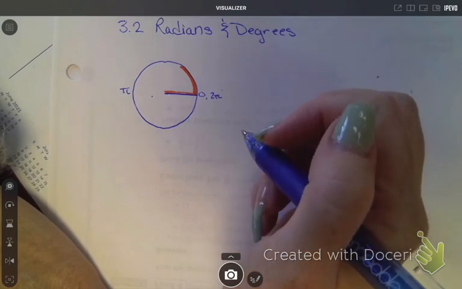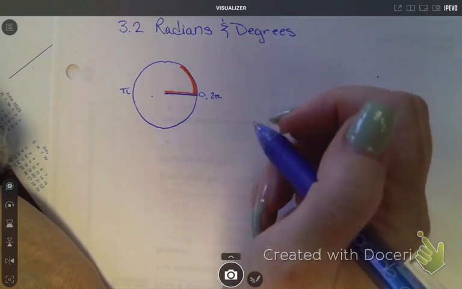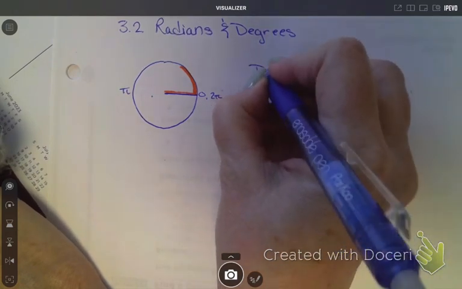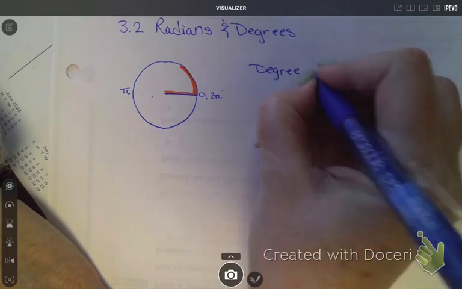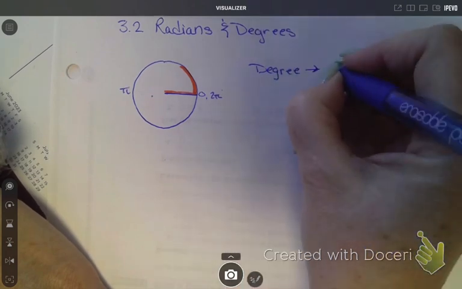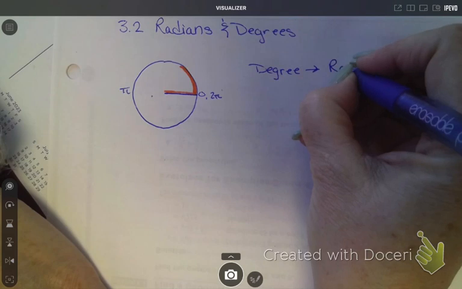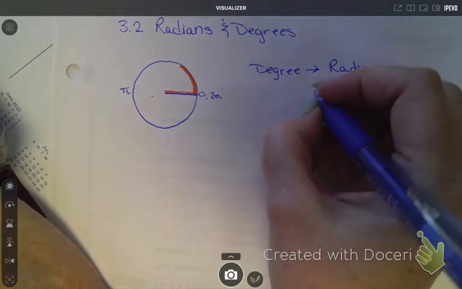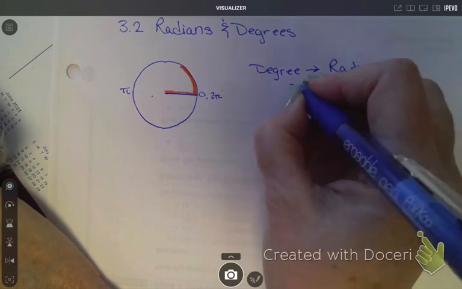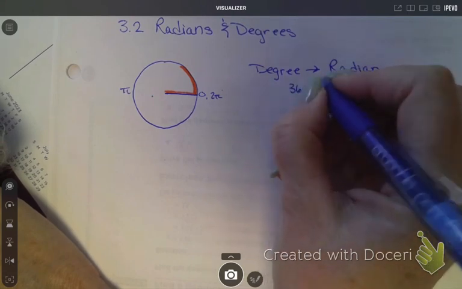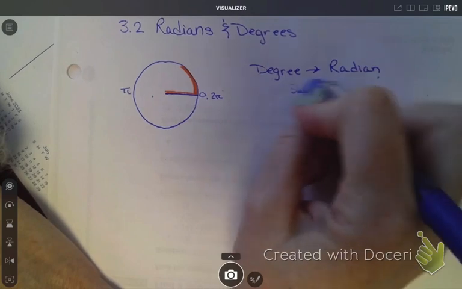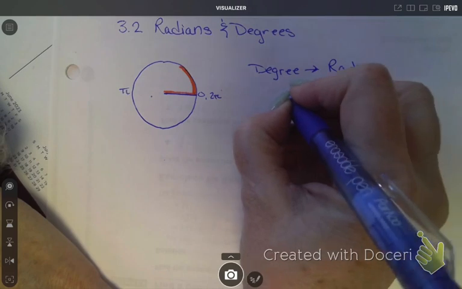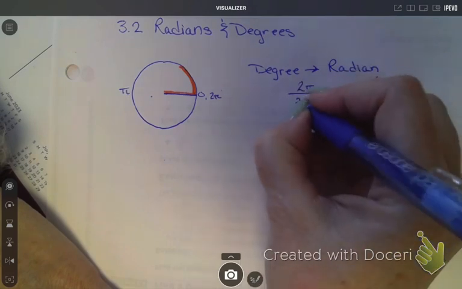So to go from a degree measure to a radian measure, we have a conversion factor of 2 pi is equivalent to 360 degrees.